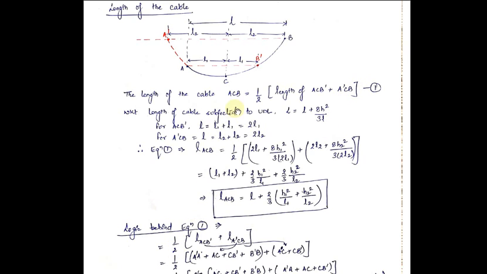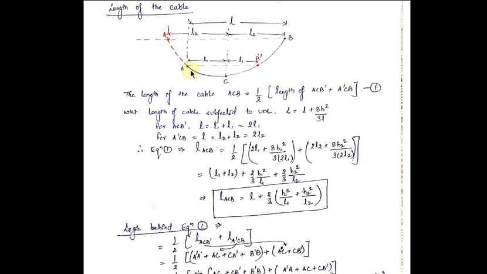We are saying that the length of ACB is equal to half of length of ACB dash plus A dash CB. So I write it here, half of length of ACB dash plus length of A dash CB. Now I'm going to break up this ACB dash into different parts.